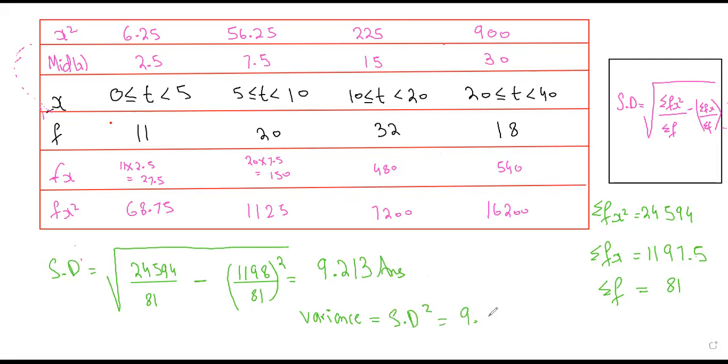So it would be 9.213 squared, and this is going to be, just use your calculator and do answer squared, and this would give you 84.88. Very good, Ishal. Excellent. Yes, Munja, any doubts with this? Any confusions? Anything that you were not able to understand?